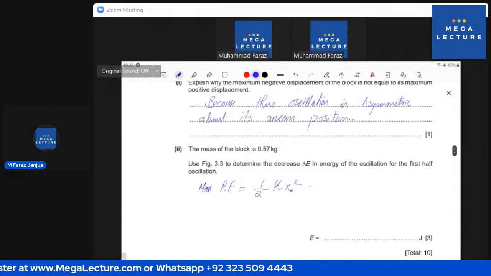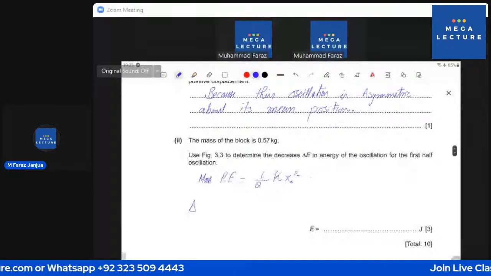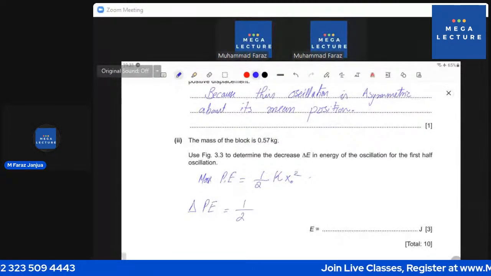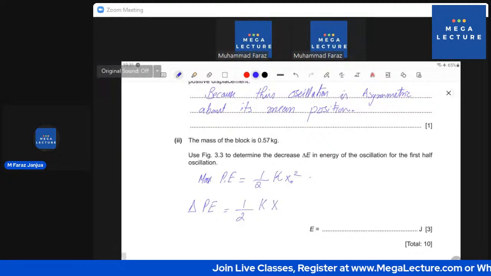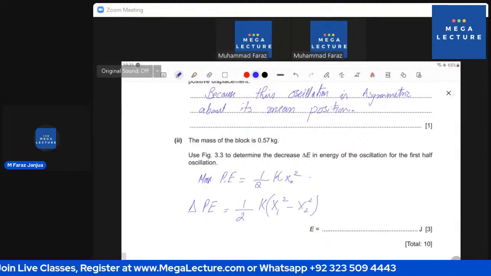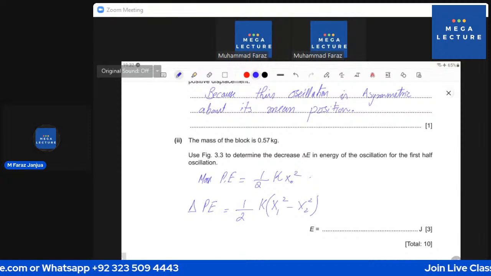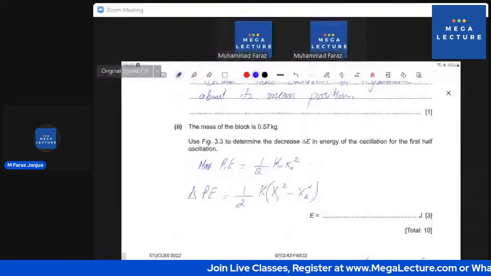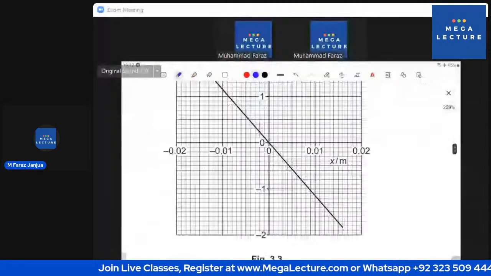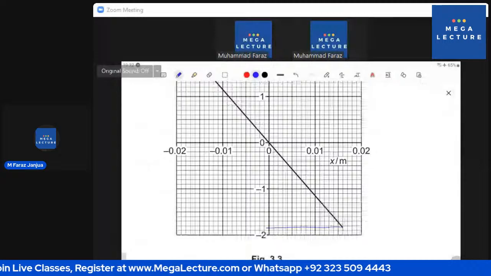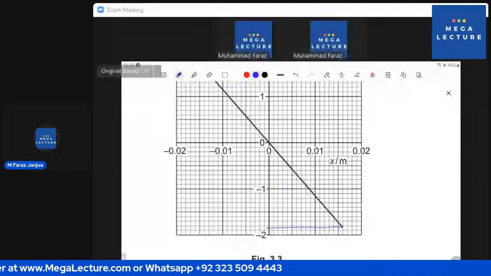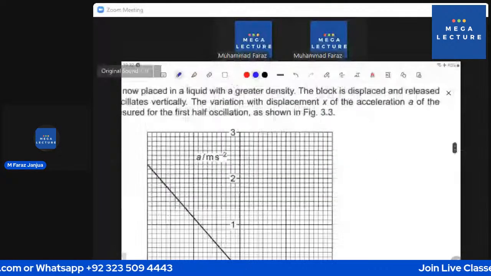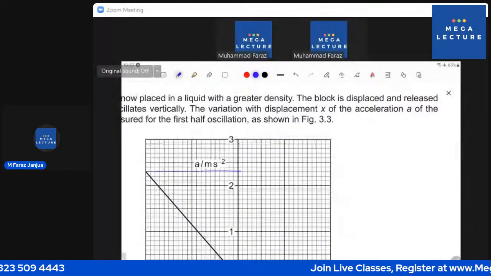The change of potential energy will be 1/2 K (x1 square minus x2 square), and this is how we can find the change of maximum energy on both sides. So the values of x naught and x can be determined from here. So minus 1.85, 2.3.